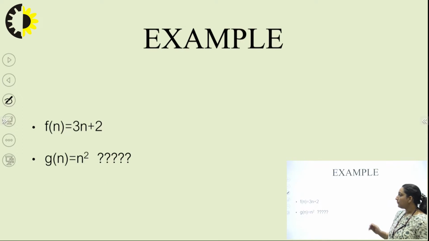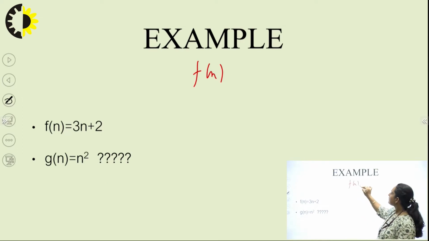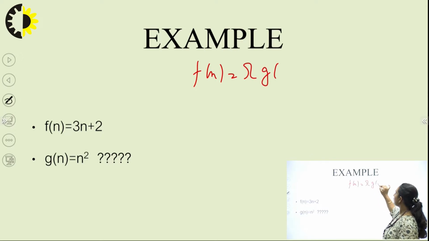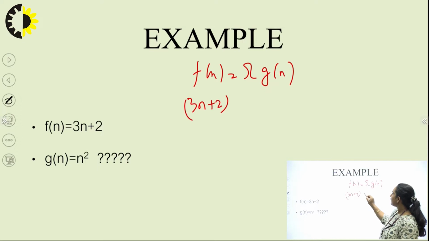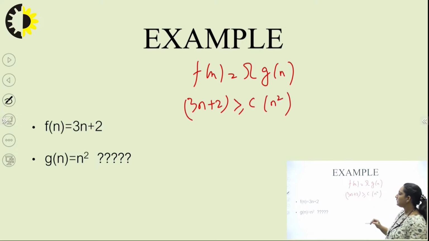But what about this? Can I write Fn is an omega of g of n? Is it correct? 3n plus 2 greater than or equal to c of n square? Can we substitute any value of c here so that this part becomes lower than this part?